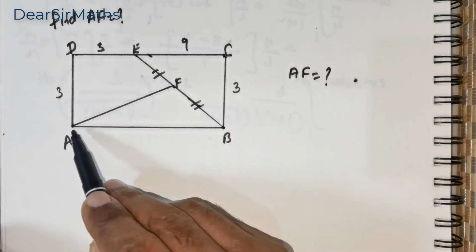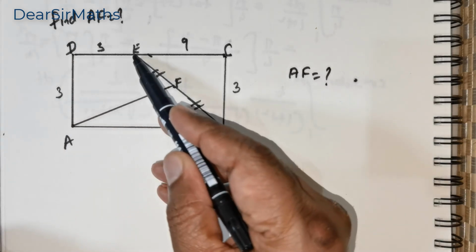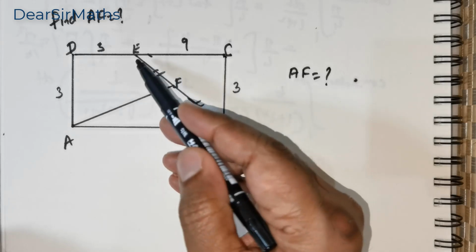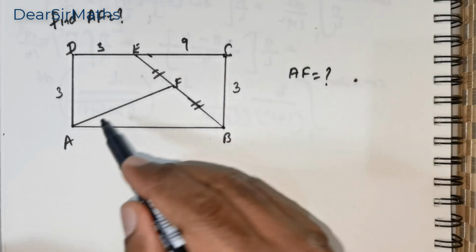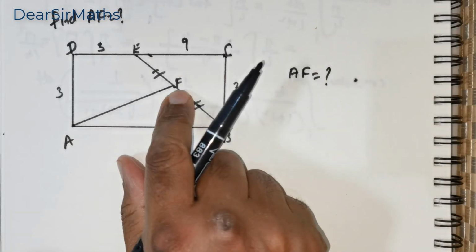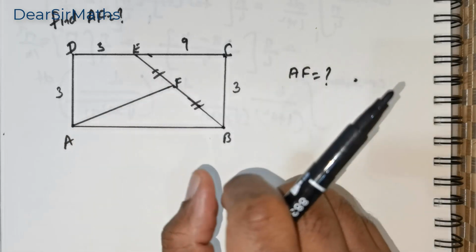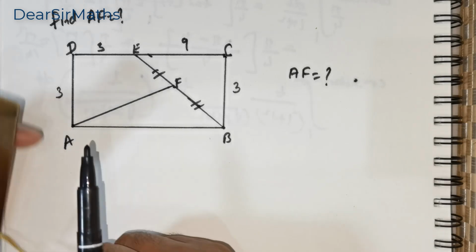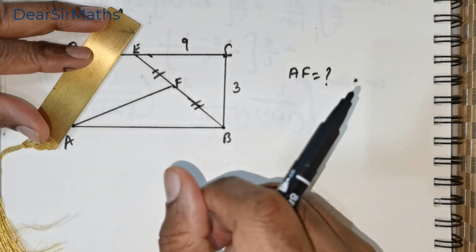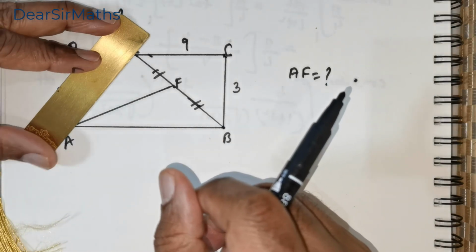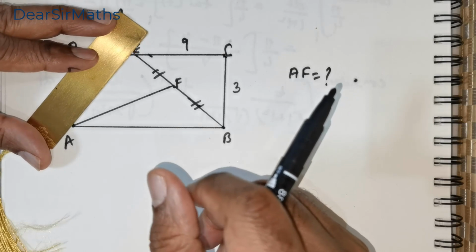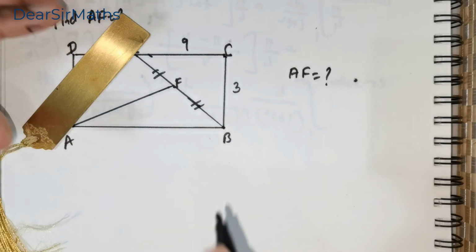Right? Now if I were to connect A and E, AF is dividing EB into two equal parts, right? So if I connect A and E, I have a triangle.